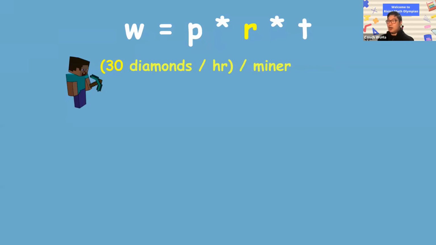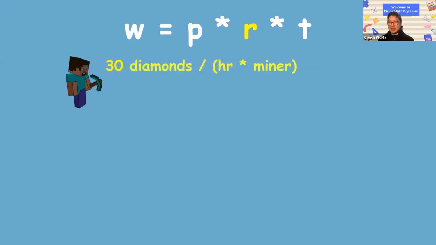And remember, if you divide fractions, you have to do a keep change flip. So we can make the bottom one 2. So we multiply by 1 over miner, right? This is the same thing. And then you have this. So the rate in this case is 30 diamonds per hour times miner.